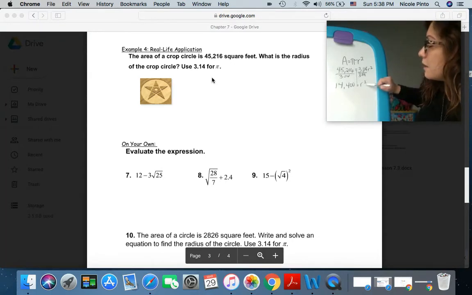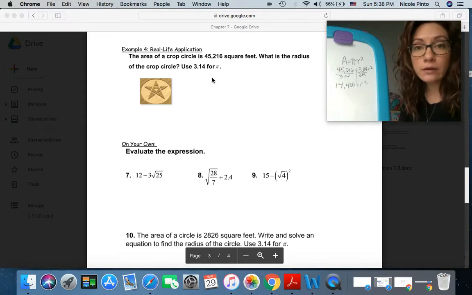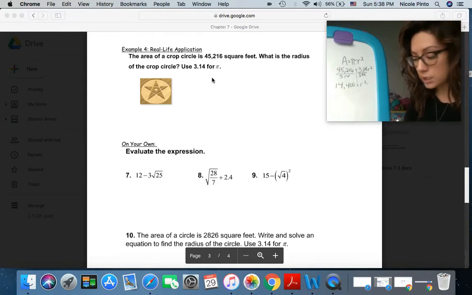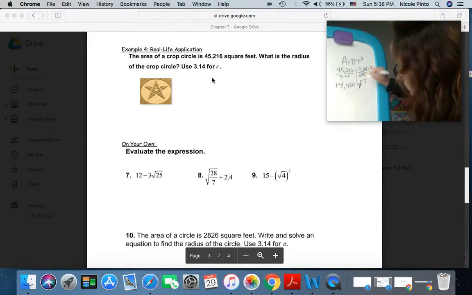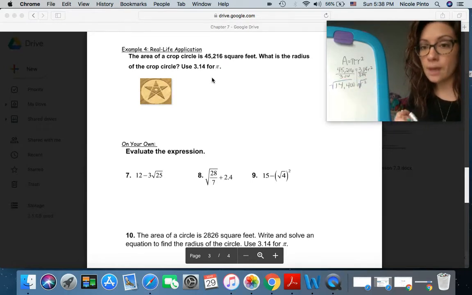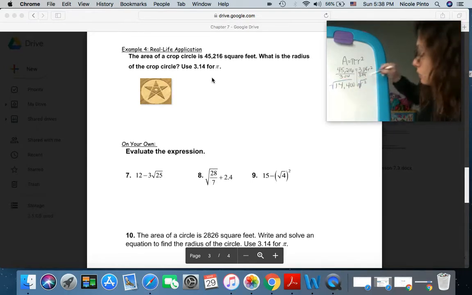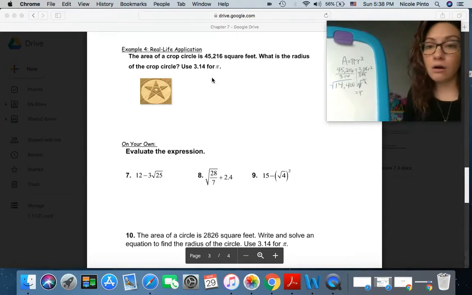All right, so from what we looked at the last problem, if I have r squared, how do I cancel out that square? Remember, the opposite of square is square root. So I'm going to go ahead to cancel this square. I'm going to take the square root of both sides. My squares will now cancel, and I'll be left with just r.